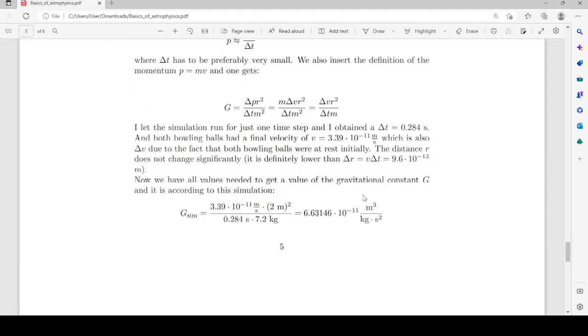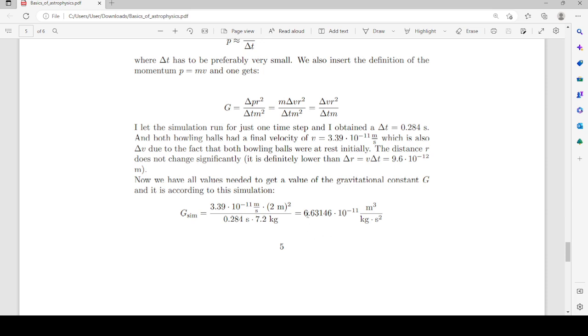For my first setup I got a delta t of 0.284 seconds, and this was the velocity afterwards. In the beginning they were completely at rest, the distance was 2 meters, and the delta time was 0.284 seconds.